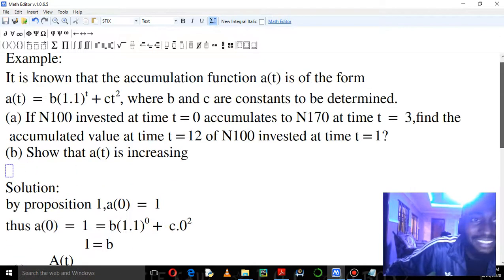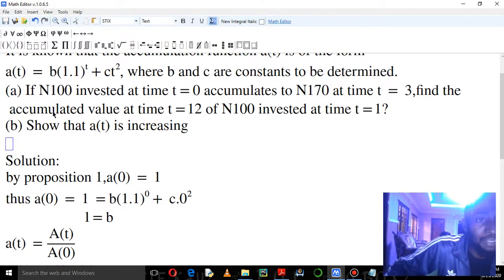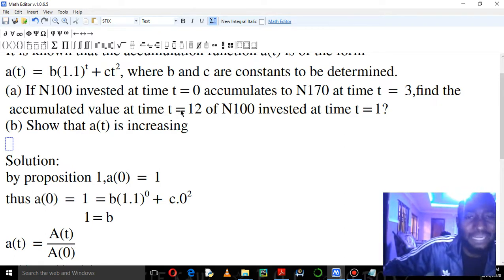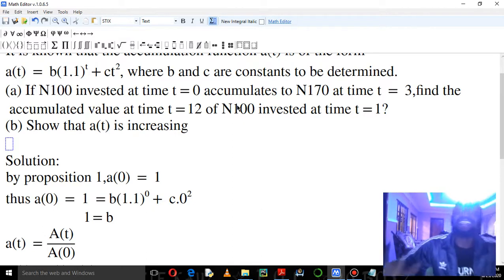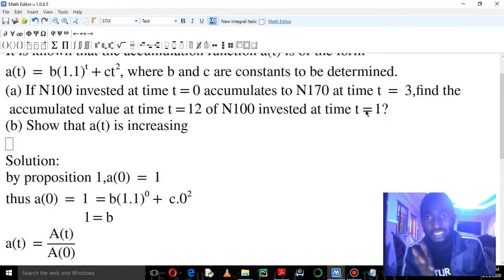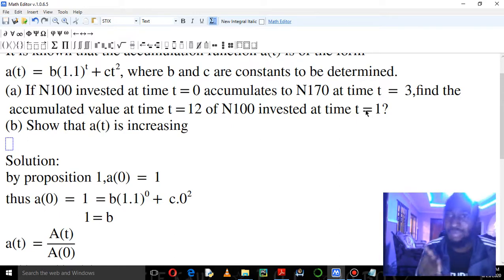Now we are done using this first part of the information. Now to the question: find the accumulated value at time t equals 12 of 100 naira invested at time t equals 1. It is not at time t equals 0, it is at time t equals 1.